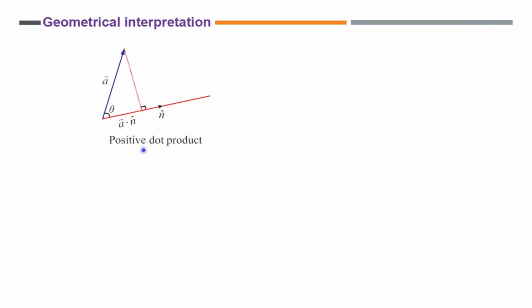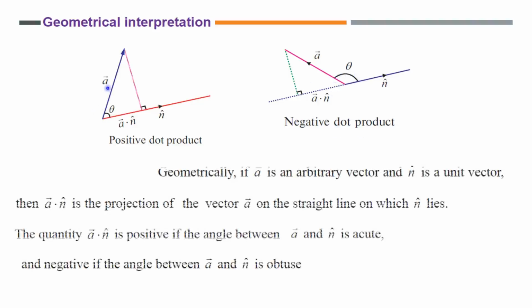Next we are going to see the geometrical interpretation. See, this is the diagram for positive dot product, that is, here the angle is acute. Next one is for negative dot product, that is, the angle is obtuse. Here a is any arbitrary vector, here n cap is a unit vector, then a vector dot n cap is the projection of the vector a on the straight line on which n cap lies.